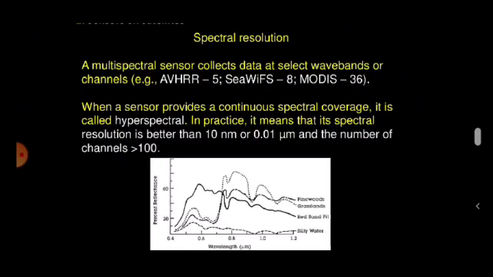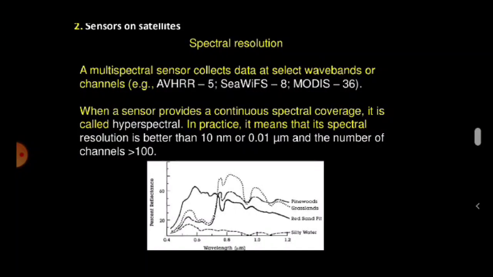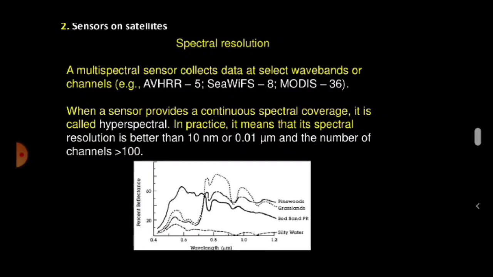When it comes to spectral resolution, we have to talk about two types of sensors, multispectral and hyperspectral. Multispectral sensors deal with a limited number of bands. They collect data at select wavebands or channels.